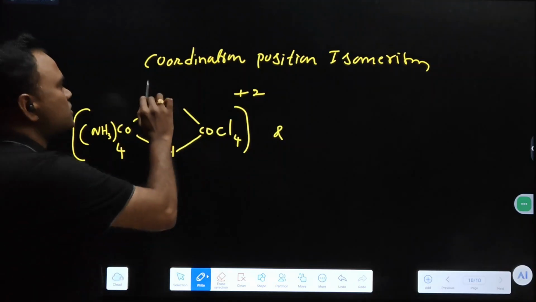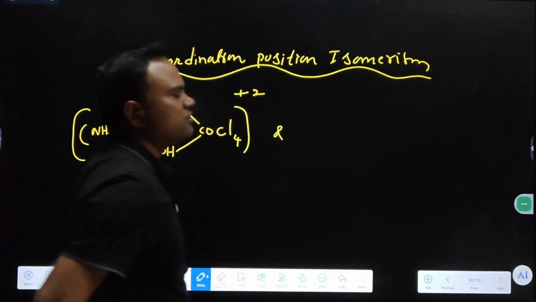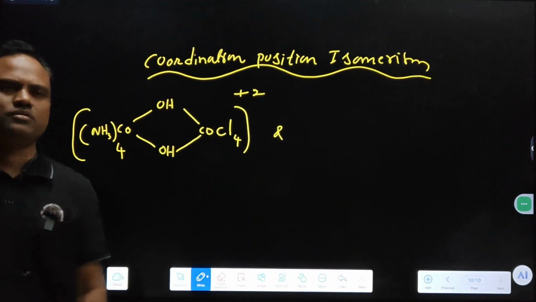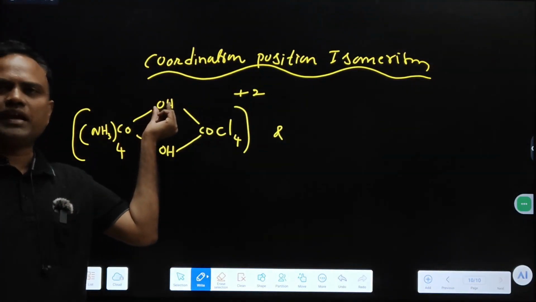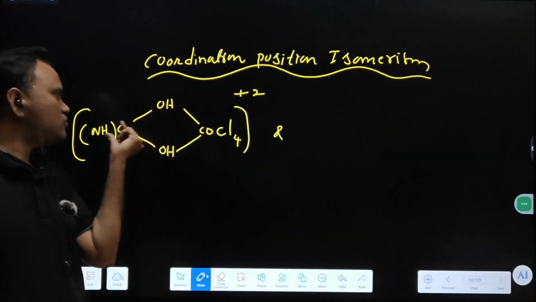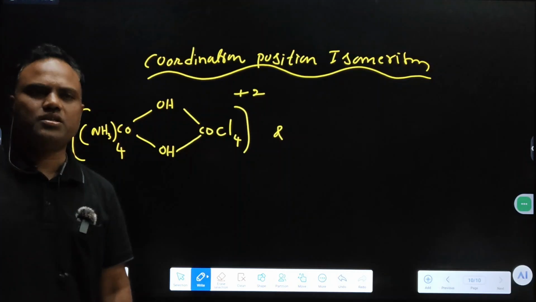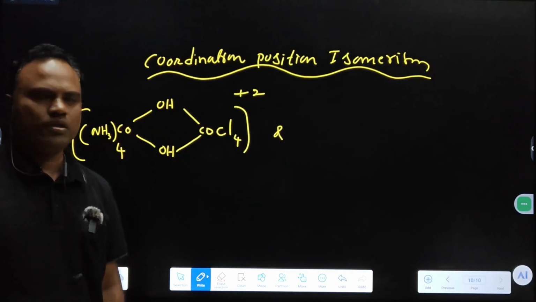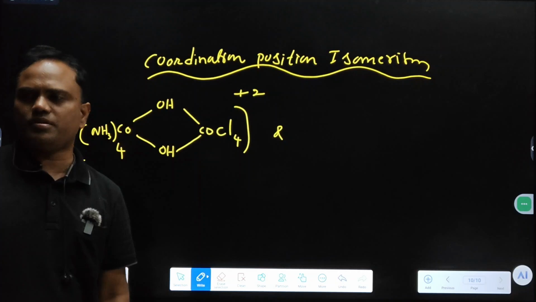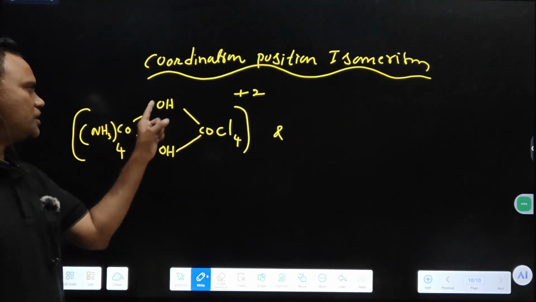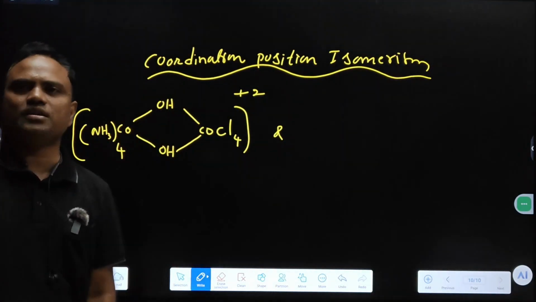This type of isomerism is observed in complexes which have bridges. This ligand is acting as a bridge between these two metals. Coordination position isomerism arises in bridged complexes. Between two metals, one ligand is present as a bridge.